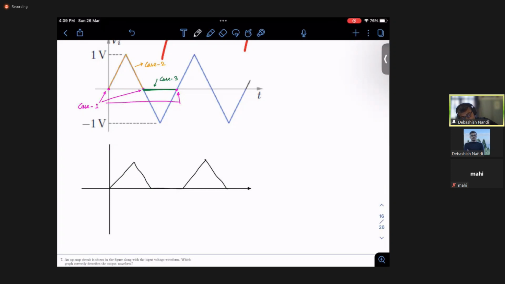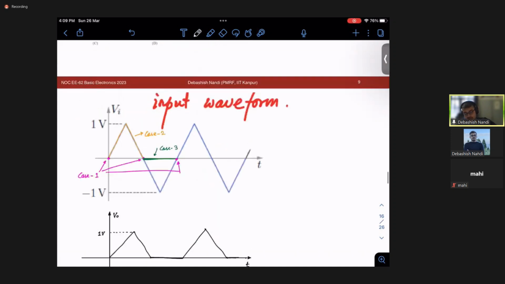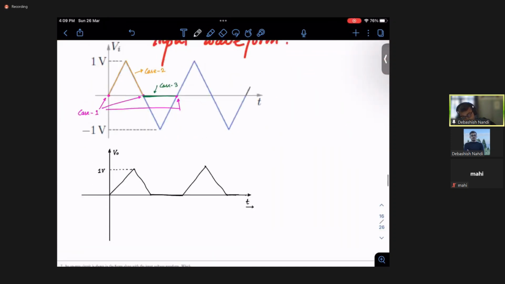It will simply act as a half wave rectifier. This is 1 volt because the gain we found out to be 1, and it will simply remove the negative half cycle. So this is your V out, this is your T, and again it will go to this. This is how you analyze this kind of circuits. This is your output waveform.